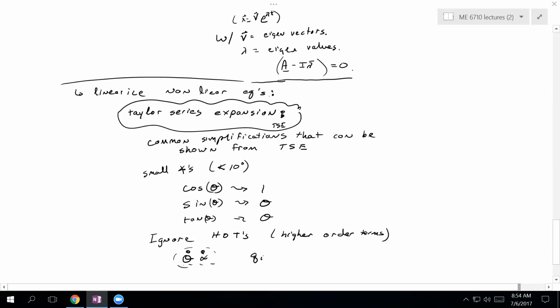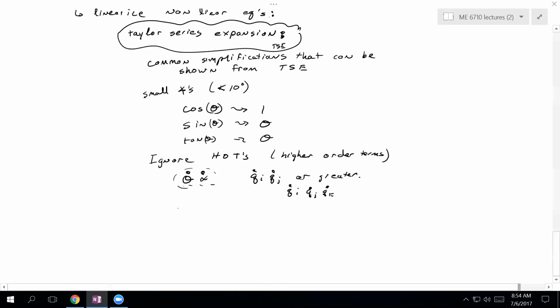Maybe I should just write some qi dot, qj dot, or greater, in other words a qi dot, qj dot, qk dot. The assumption here is that q sub i dot is small, and all the q dots are small. So when you square a small number, it gets quite a bit smaller.